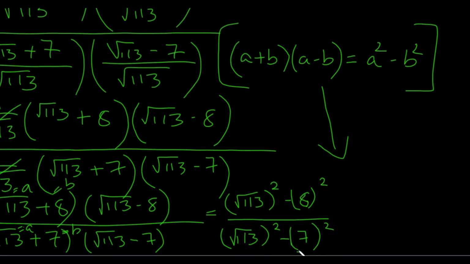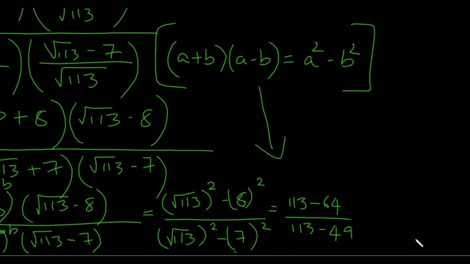So root 113 square is 113, minus 64, which is 8 square, divided by root 113 square, which is 113, minus 7 square, that is 49. So that gives us the answer as 49 divided by 64.